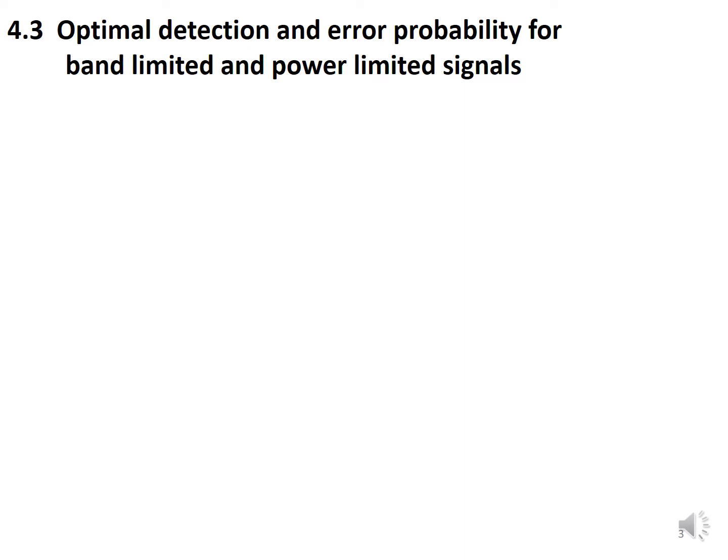So today we're going to use examples of digital modulations and discuss the error probability. The error probability would be different for different modulations, given the optimal MAP detector.